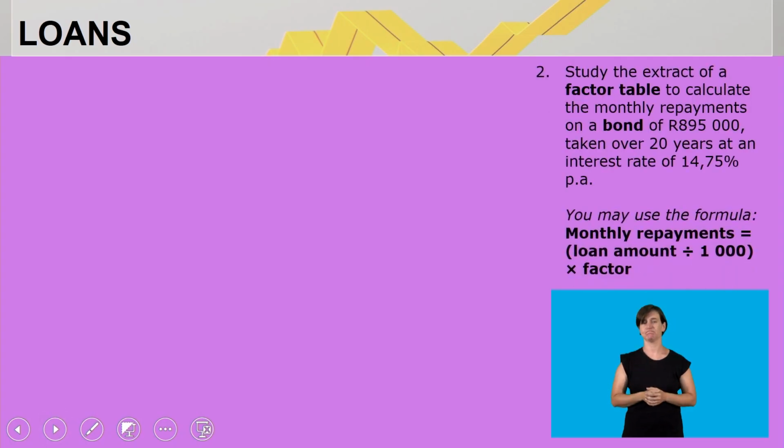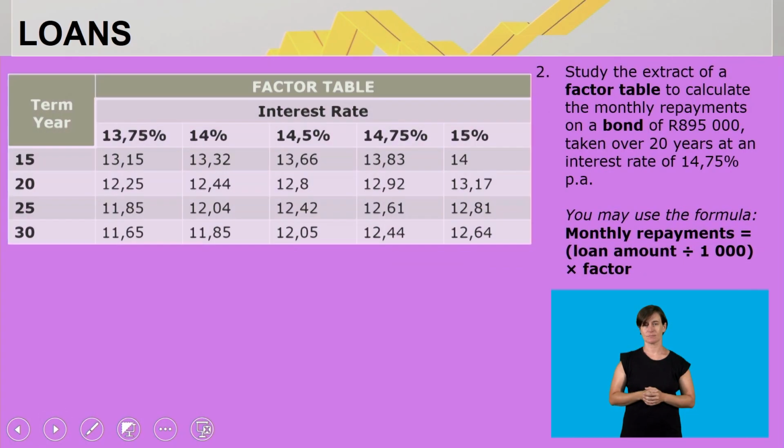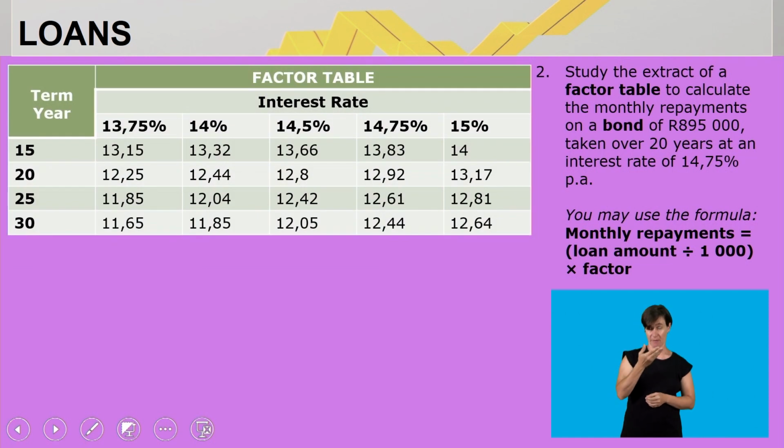Okay, now let's create some space to answer this question. Same question, just did that, and there's our factor table as well. So now we're going to take this formula, substitute into the formula, simplify, and write our answer. Okay, so it says here you may use the following formula, monthly repayments. So I'll just write it here in full.